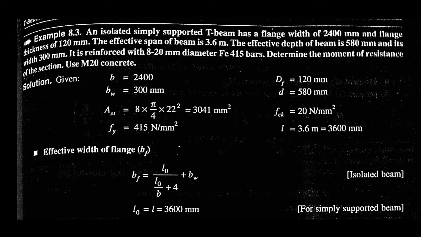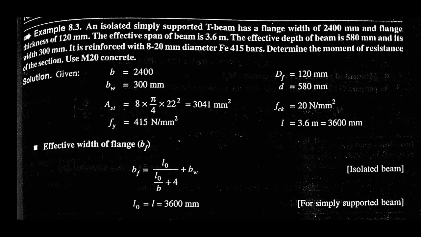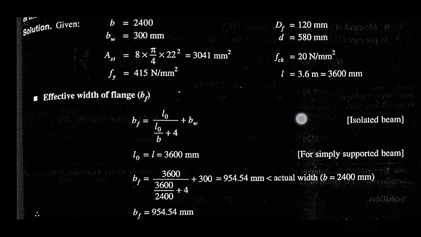We have to use the formula for an isolated beam, because in this question it is mentioned that it is an isolated T-beam. So Bf is equal to L0 by 6 plus B plus 4 Df, plus Bw. Here L0 is equal to L, because this is simply supported, that is 3600 mm.